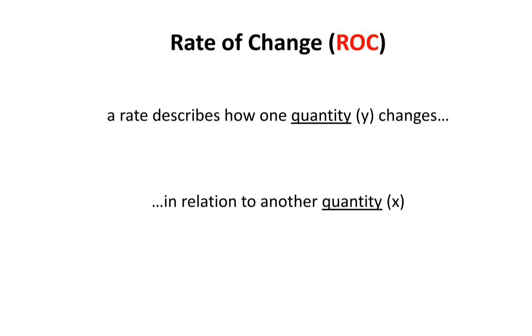A rate describes how one quantity changes. In this particular situation, this quantity is the number of blocks in relation to another quantity. And in this particular situation, this other quantity would have been the figure number.